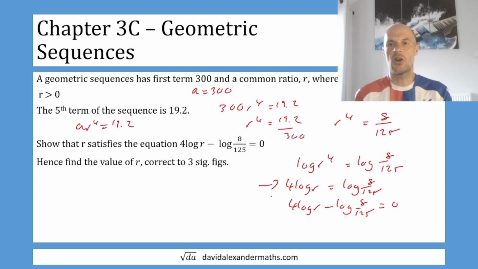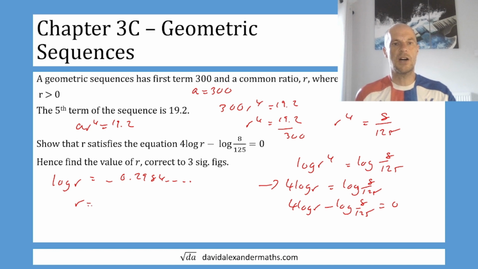So what is the log of 8 over 125? So remember that is log 10 of 8 over 125. And I'm getting some fairly nasty value. So remember that is 4 log R's. So I'm going to divide that by 4. So therefore the log of R is, can't read my calculator here, negative 0.2984.